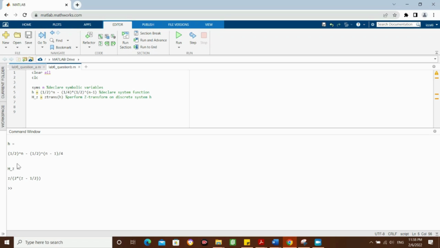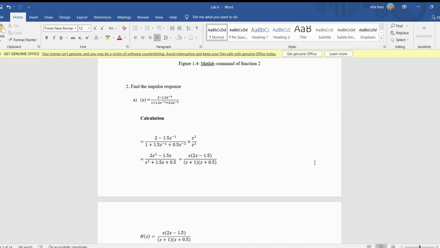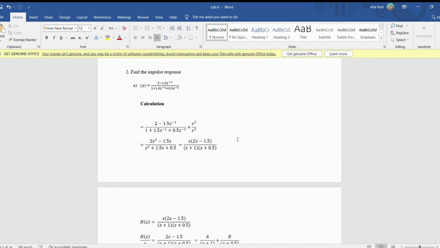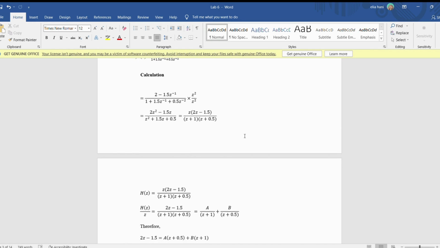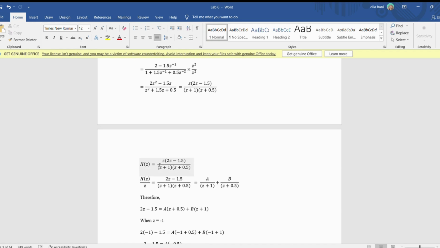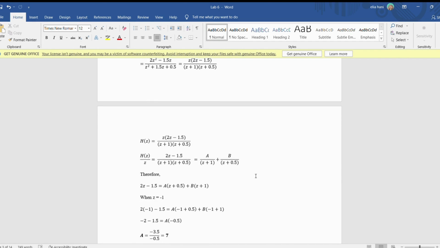The calculation in part 2a was to find the inverse transform with the traditional transform pair, along with additional algebraic manipulation and several Z transform features for good measure. The Z transform pair table was used by simplifying the denominator and getting the value of Hz over z. Then, partial fractions were used to find the impulse response of the system.